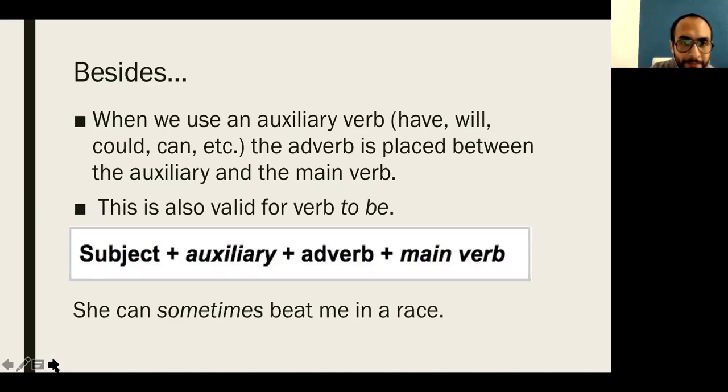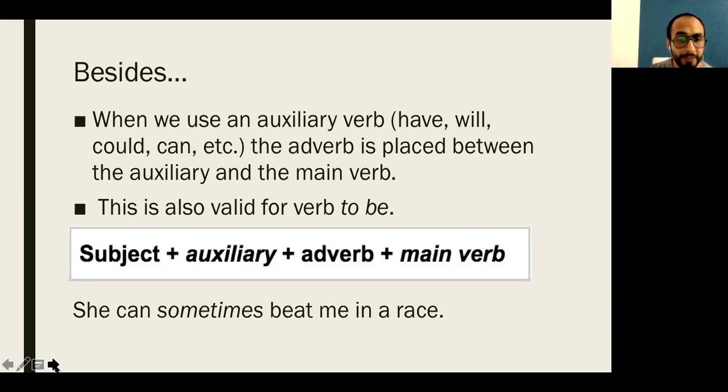Yeah, besides that, when we use an auxiliary verb like have or will or could or can, something else, the adverb is placed between the auxiliary and the main verb. So in this case, the adverb is not on the second position, it's in the third position, okay? So we have the subject plus the auxiliary, in this case is can, plus the adverb, third position, and the main verb.